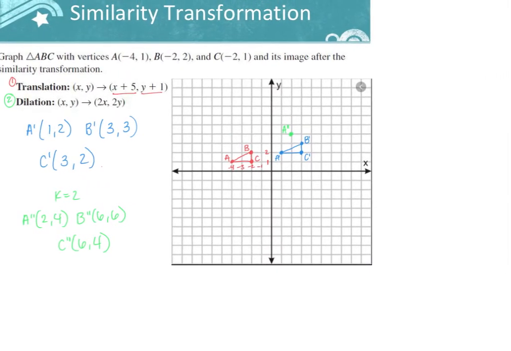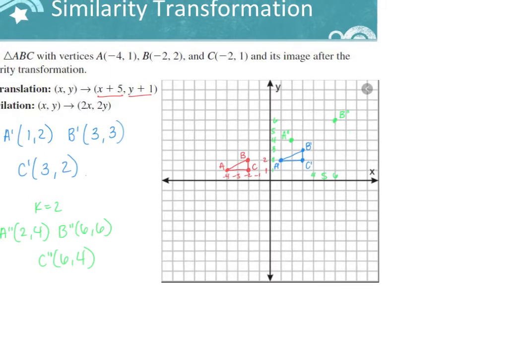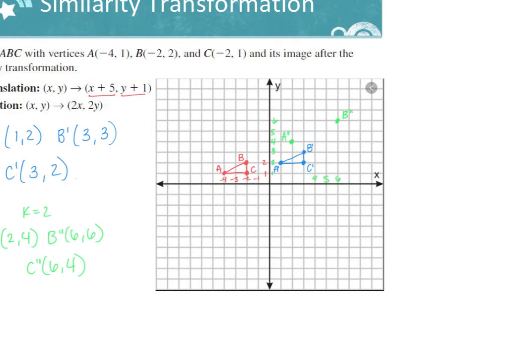B double prime is at 6, 6. So 1, 2, 3, 4, 5, 6. Up 6. So 1, 2, 3, 4, 5, 6. 6, 6 is right here. This is B double prime. And C double prime is at 6 and then positive 4. So here's C double prime.